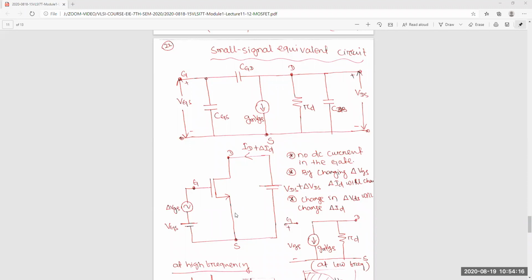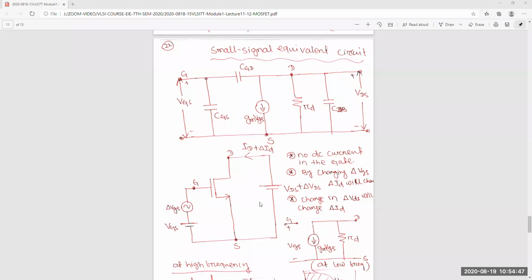Okay. So first of all, this is the biasing arrangement. You are giving a DC voltage here, also a DC voltage there, and you can change a small signal. Small signal means the value is very small compared to the DC voltage. Suppose VGS is in volts, then this is in millivolts or microvolts, with some frequency.